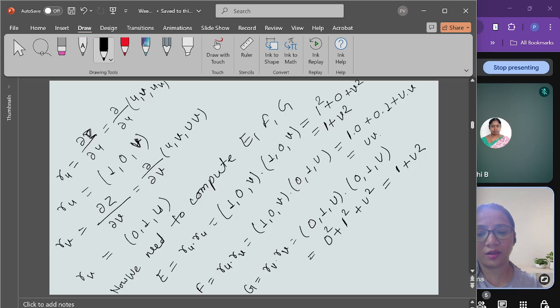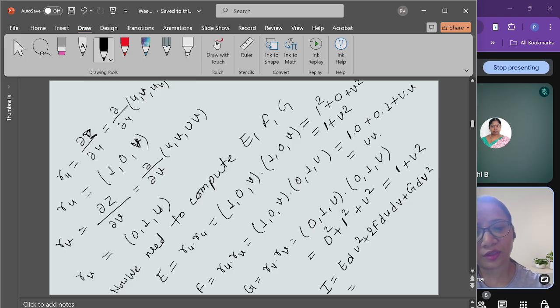Now we already have one equation, I is equal to E du square plus 2F du dv plus G dv square.